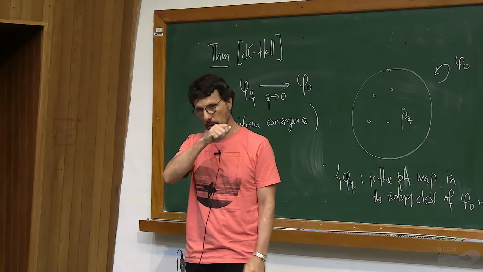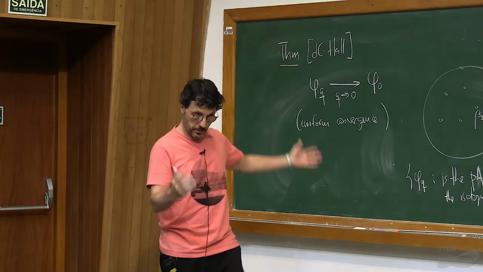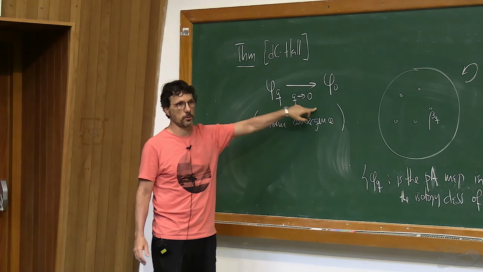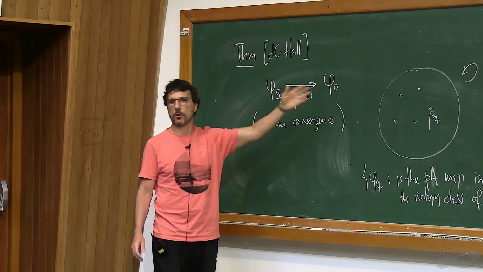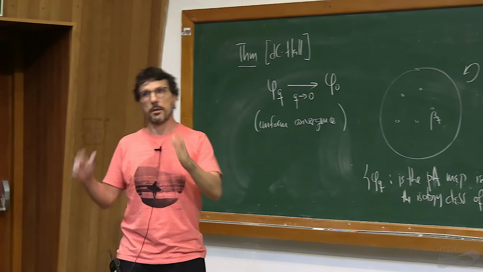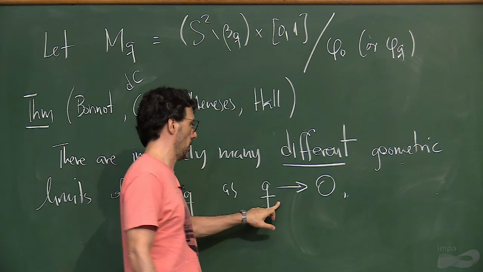They're parameterized by q, and you let q go to 0, they converge. So in particular, what the statement is saying is that no matter what sequence of q's converging to 0, these maps converge, and they converge to the same limit, which is the tight horseshoe. Okay? On the other hand, there are infinitely many different ways of going to 0.